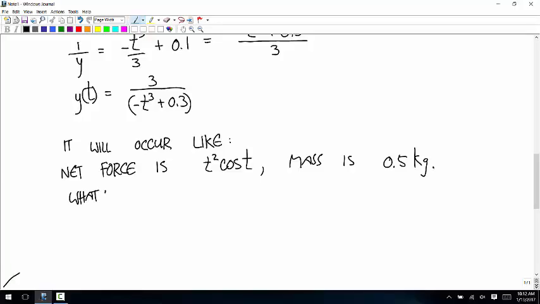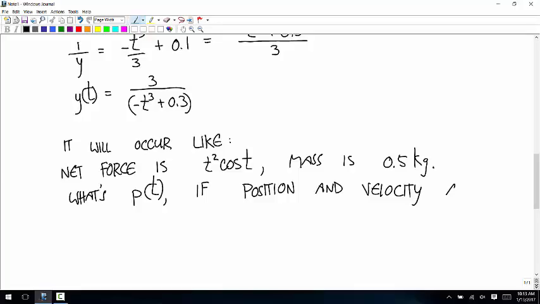And we want to know what's the position as a function of time if the position and velocity are both 0 at time equals 0.